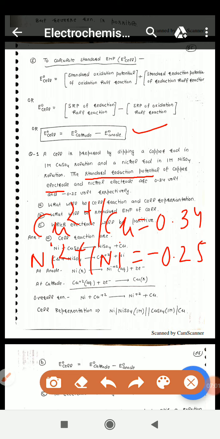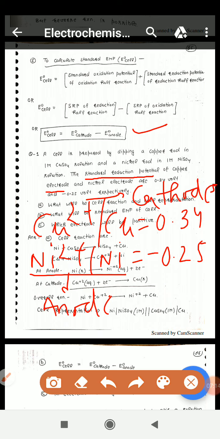We know which is anode and which is cathode: nickel is the anode and copper is the cathode. So put these values in the formula: E naught cell equals E naught cathode, which is copper, so put the value of copper 0.34, because SRP is given and we require the SRP in the formula, minus the anode value, SRP given, standard reduction potential, minus 0.25 volt.